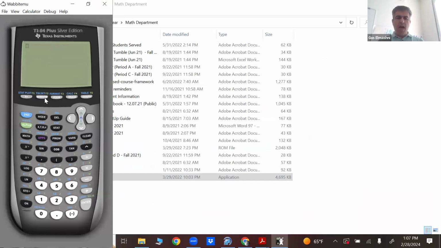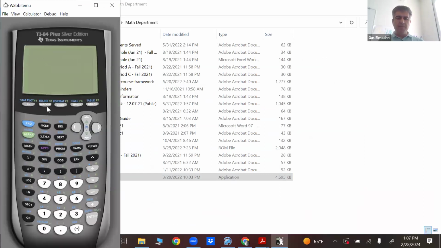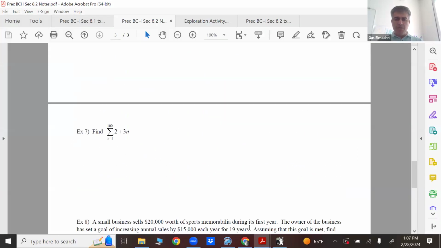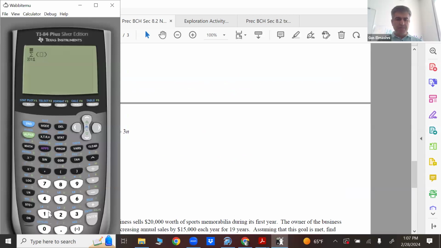Okay. Alpha window. Yeah, option 2, like X. Yeah, 2 plus 3n. Use X. Yeah, there you go. Okay, so we're good.